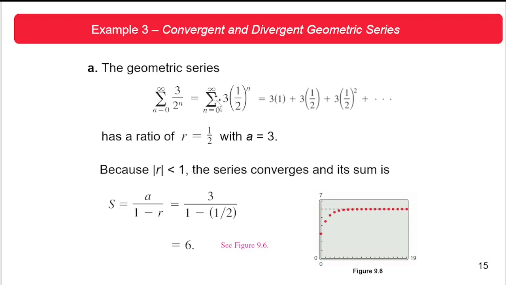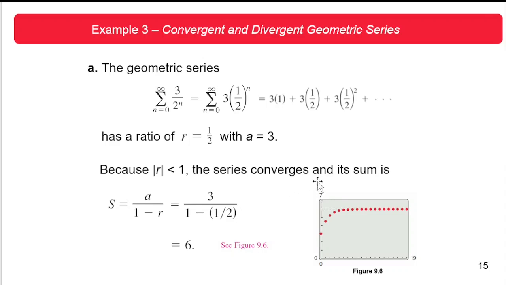So, because this is now in the form of the summation of ar^n, where n is from 0 to infinity, we can now define a here as 3 and r, which is the ratio, as 1/2. And as you can see, because the value of r is less than 1, we can therefore conclude, based on the theorem, that the series converges.